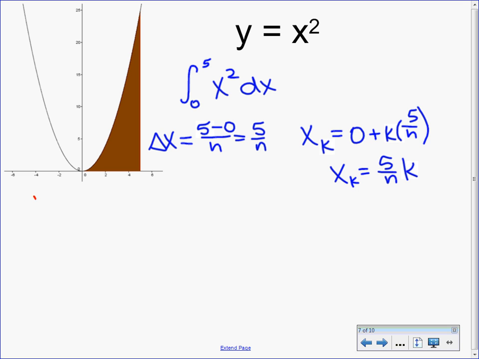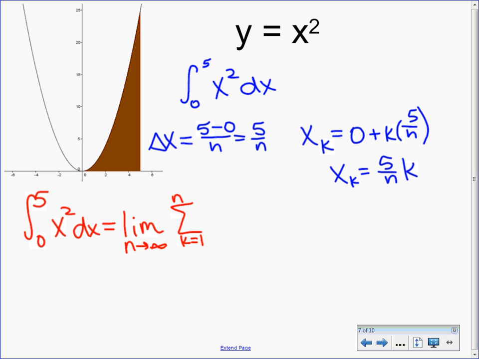So our integral from 0 to 5 of x squared dx is the limit as the number of rectangles approaches infinity of the summation when k equals 1 to n of our f of x sub k times delta x.